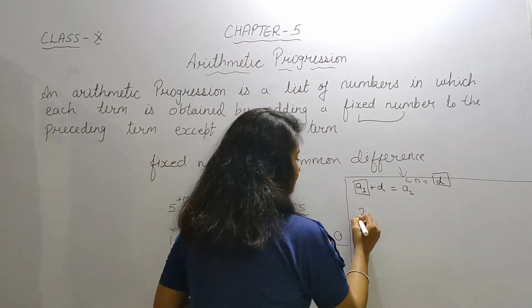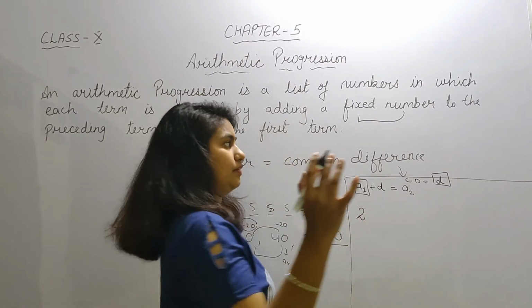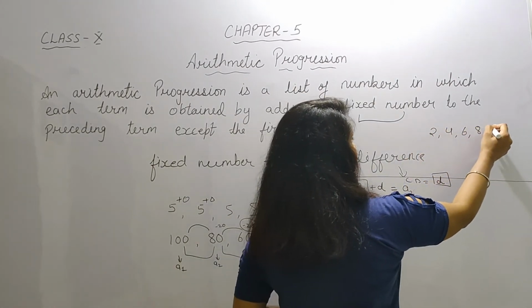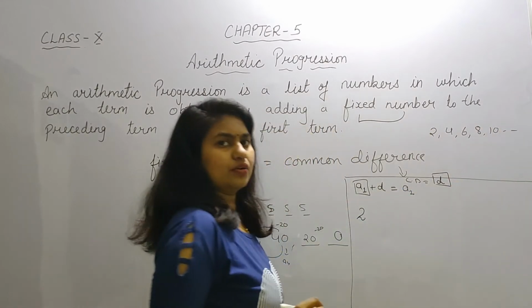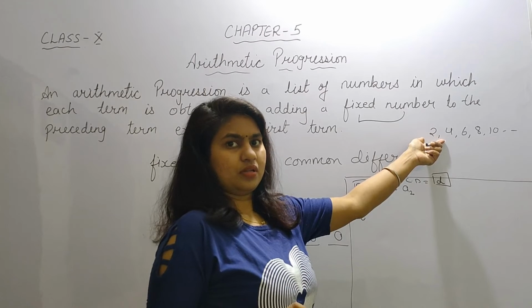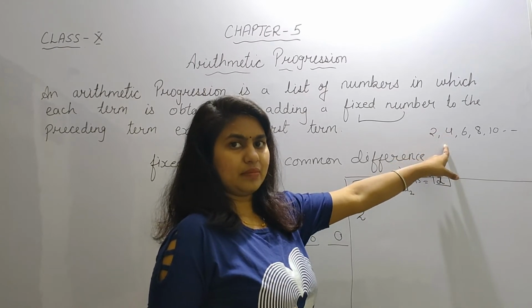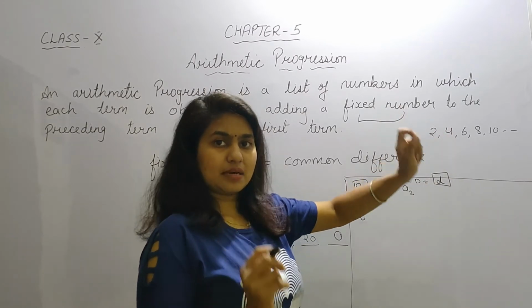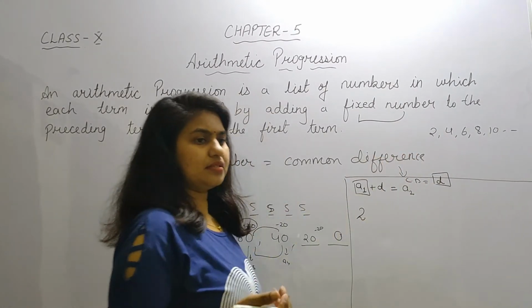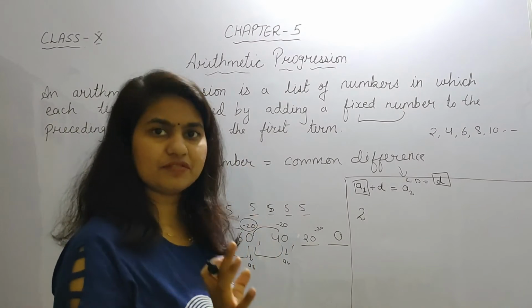Like if the series is 2, 4, 6, 8, 10 and the first term is 2, how do I get the second term? By adding a fixed number, which is D, the common difference. Here the common difference is plus 2.